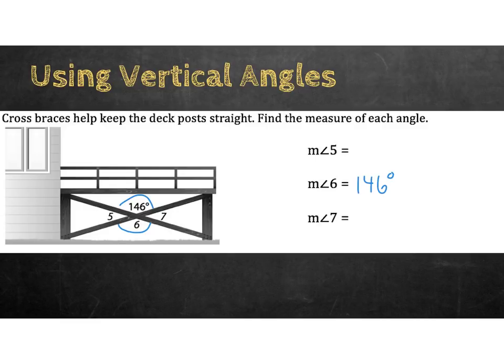And then we know that 6 and 7 are a linear pair, so 180 minus 146 gives us 34. So measure of angle 7 is 34 degrees. Now you could go linear pair the other way, but we also know that 5 and 7 are vertical angles, so then you get 34 degrees there.